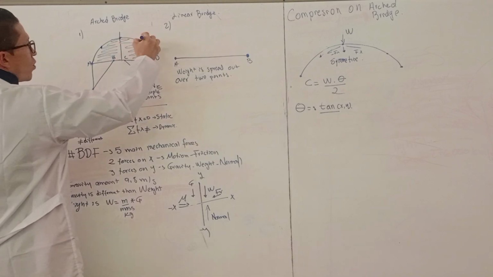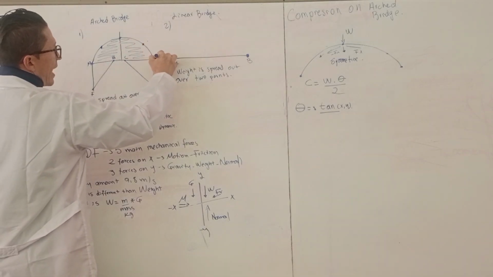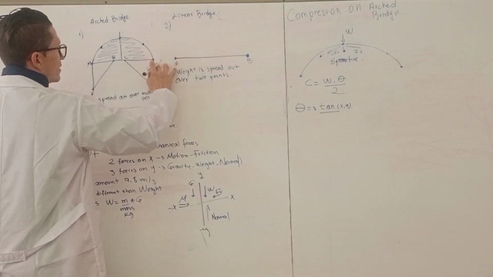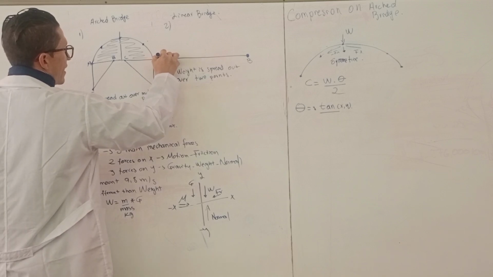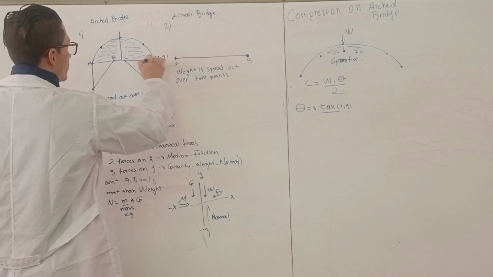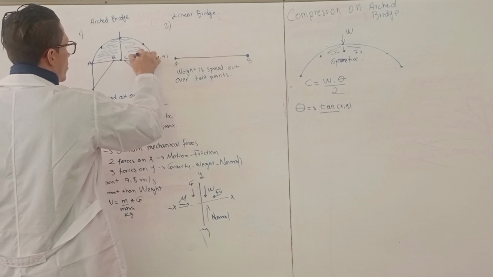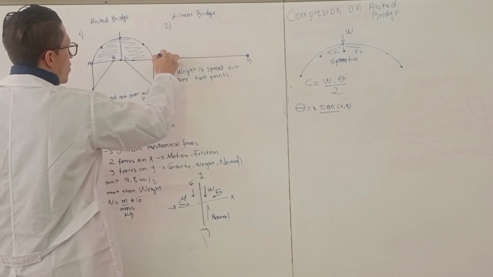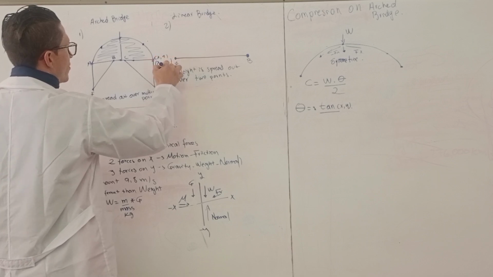Then what is the space here? There's an x, for instance, that is 3. Y here is 0, right?